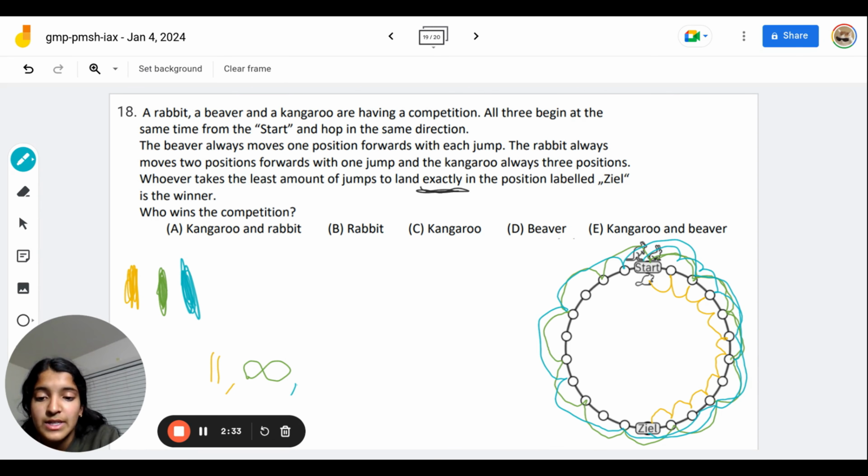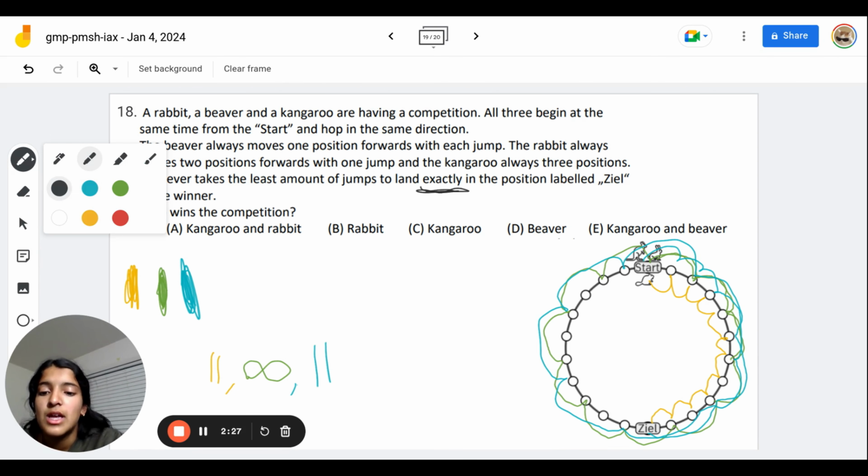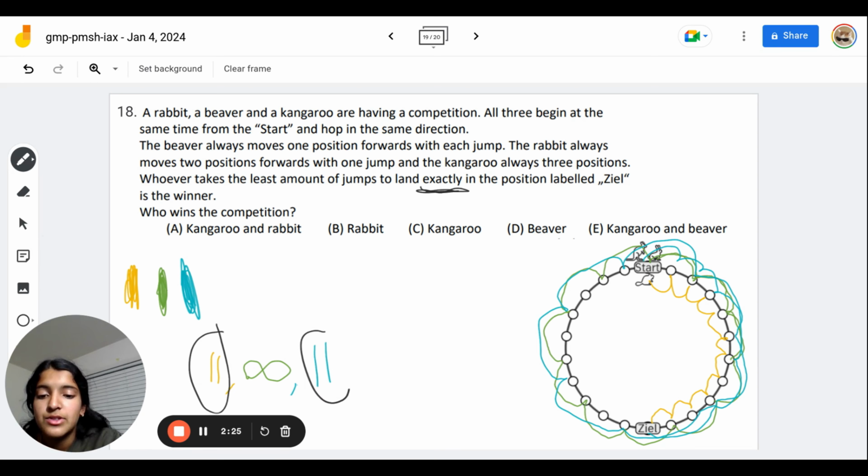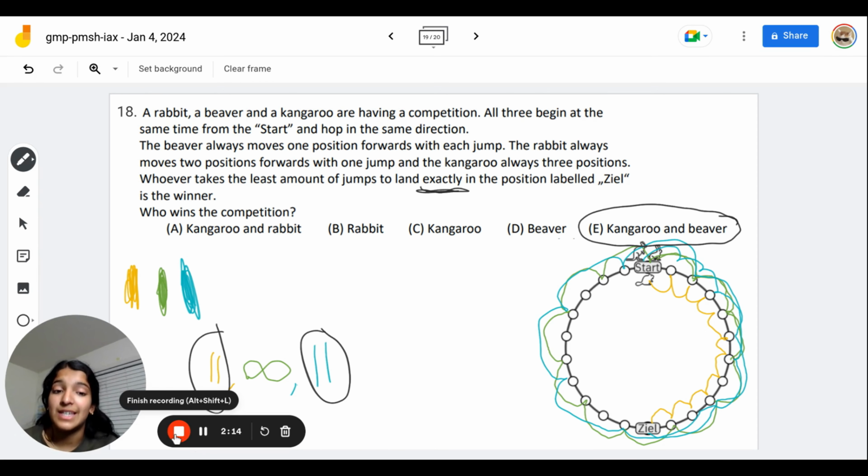So the kangaroo also gets there in 11 jumps. So something that's similar with the kangaroo and the beaver is 11 jumps. So they both get there at the same exact time. And when we look at our options, we see that E says the kangaroo and beaver will both be the winner. So the answer to this question is E.